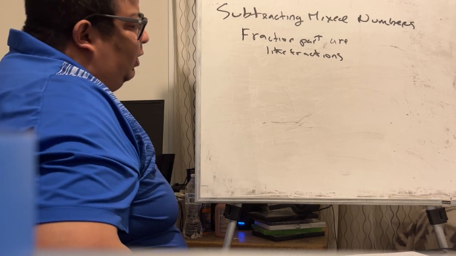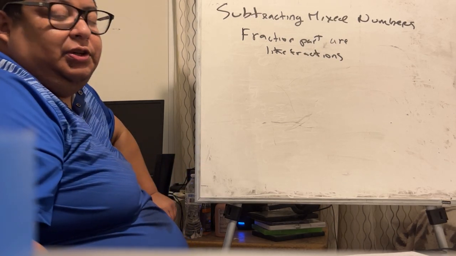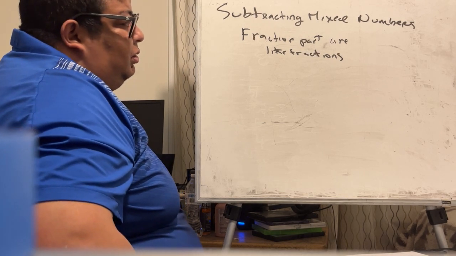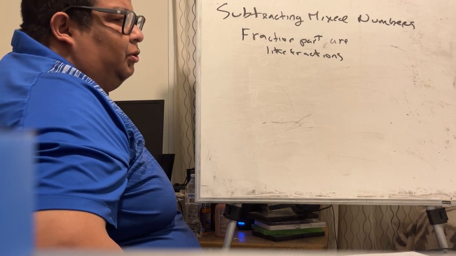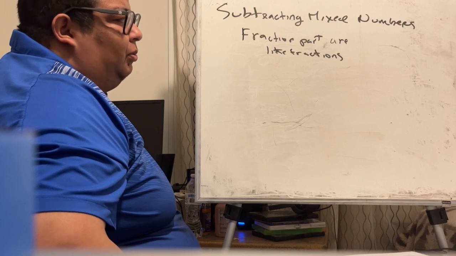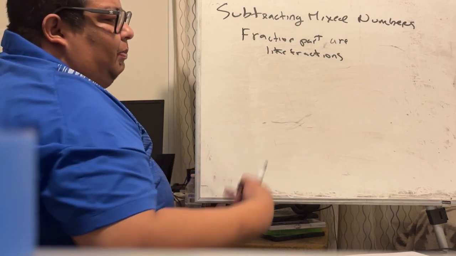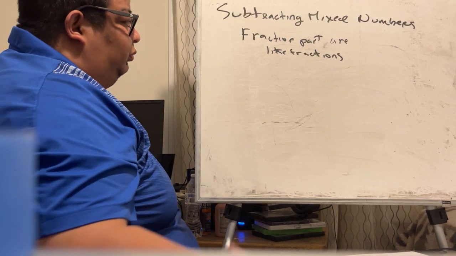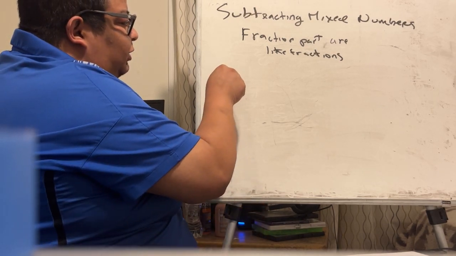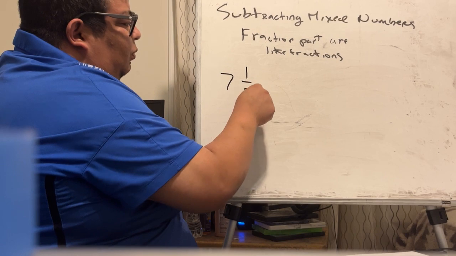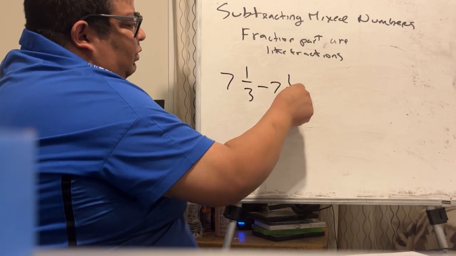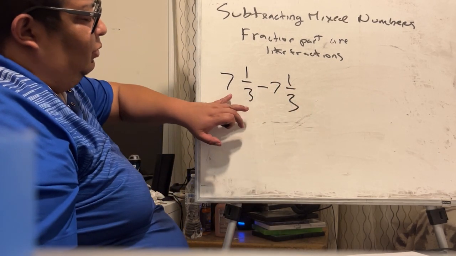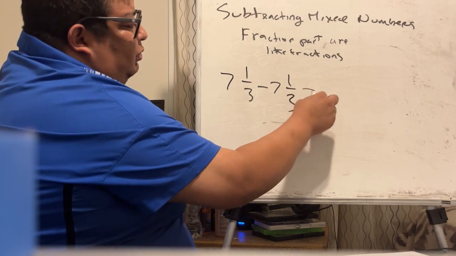I'm going to give you some cases where your answer can be a whole number. You have like fractions that end up as a whole number. I'm going to give you 2 examples. The first example is something like 7 and 1/3 minus 7 and 1/3.